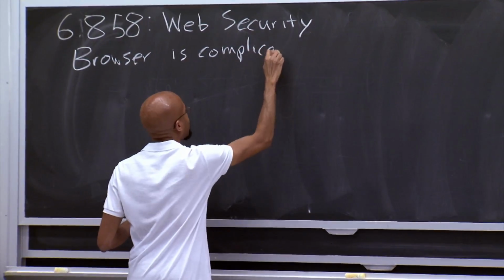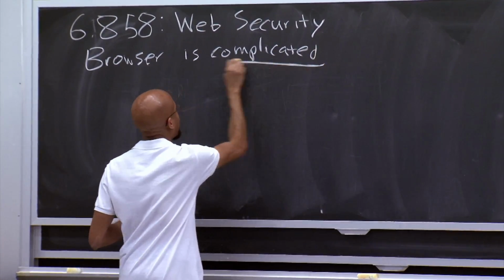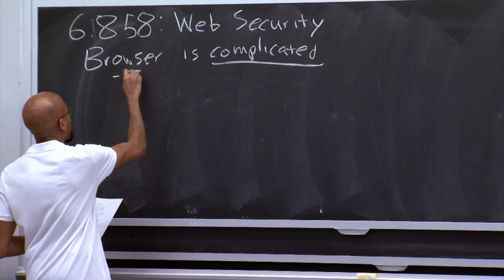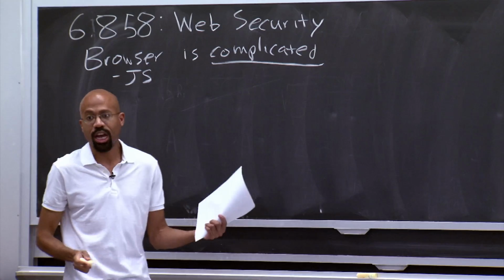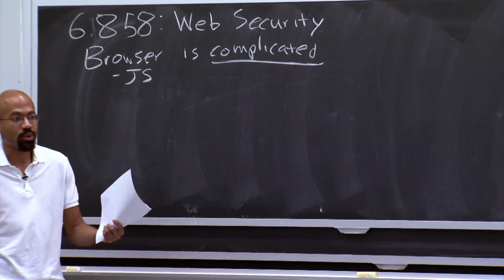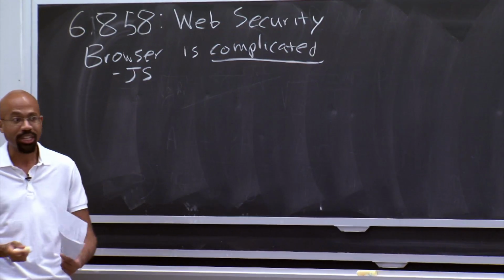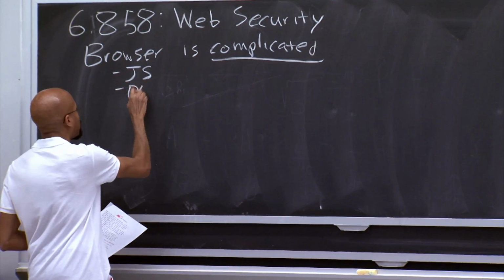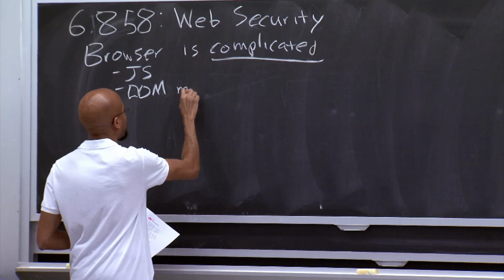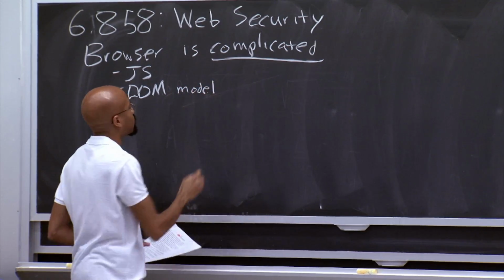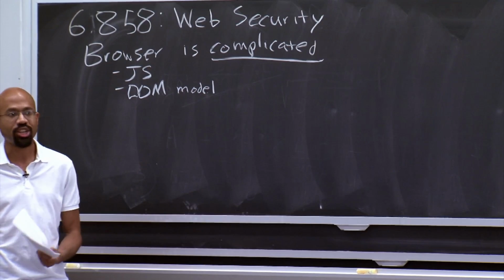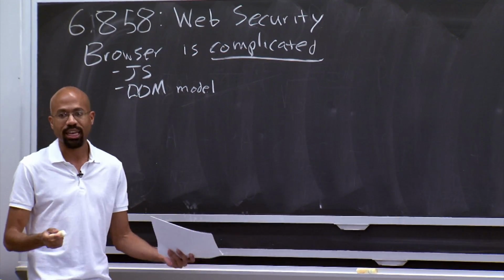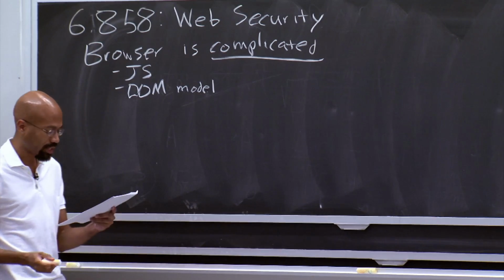Now there's all kinds of insane dynamic stuff that the browser can do. For example, you've probably heard of JavaScript. JavaScript allows pages to execute client-side code. It's Turing complete, and can do all kinds of wacky stuff. There's the DOM model, which we'll talk about in more depth later today. The DOM model essentially allows JavaScript code to dynamically change the visual appearance of the page, fiddle with things like font stylings and stuff like that.